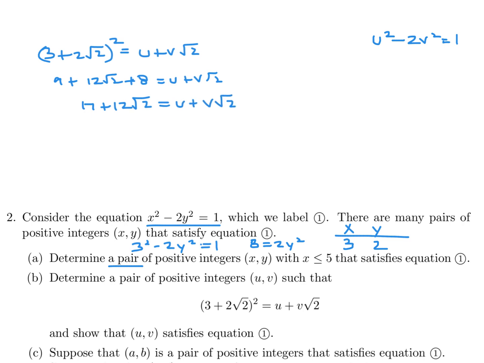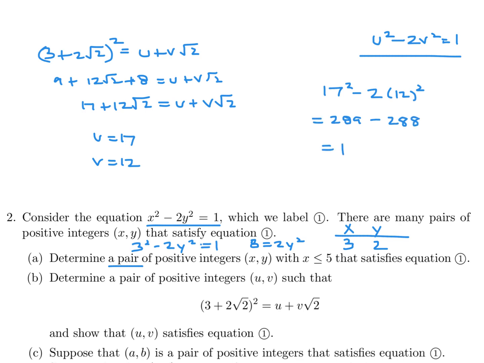So that means that u is 17 and v is 12. Correct? And then we have to show this. So u squared is 17 squared minus 2 times 12 squared. So that is 289 minus 288, and that is indeed equal to 1, which is what we needed to show. So we showed what they wanted us to do.